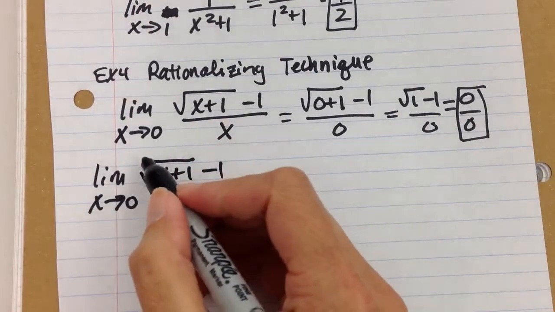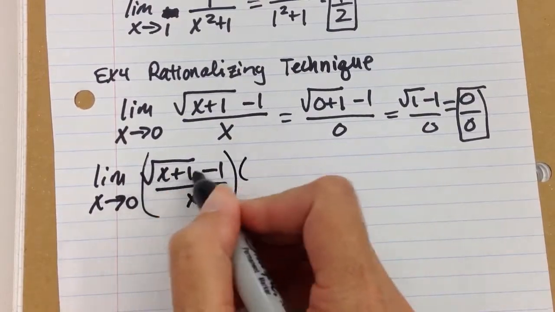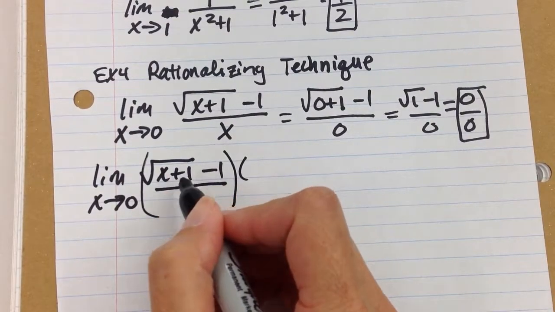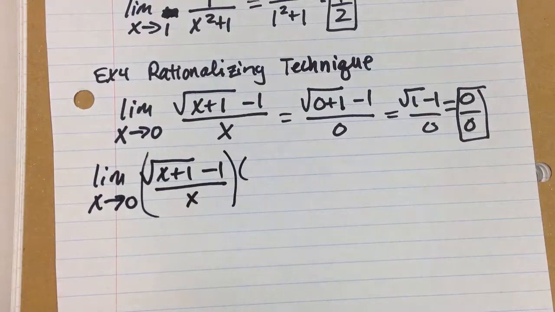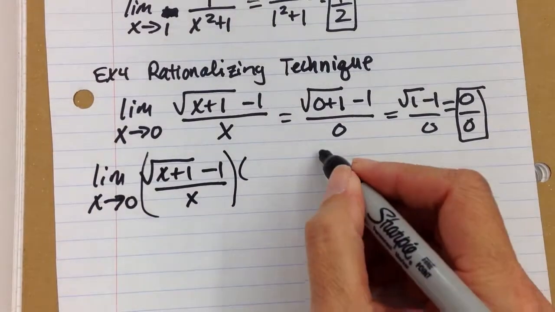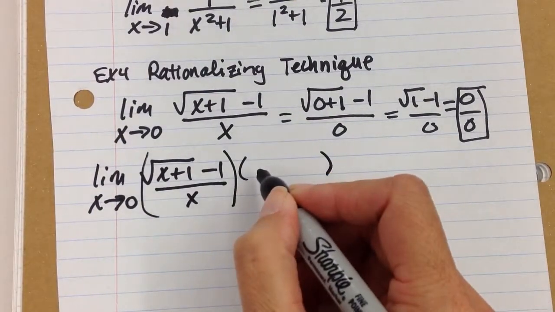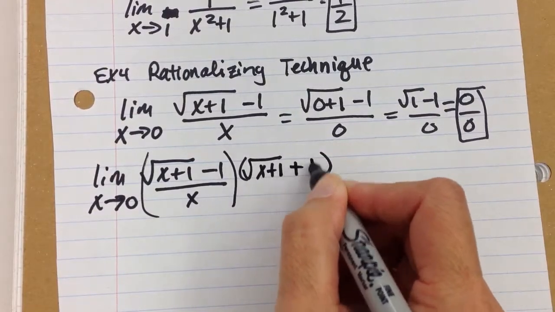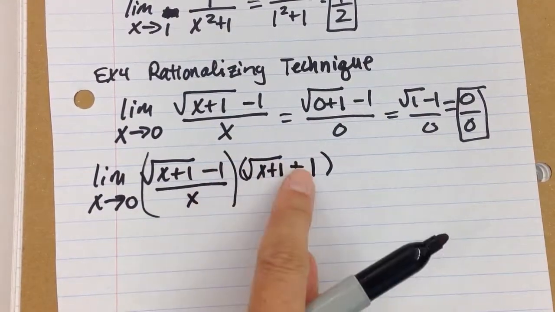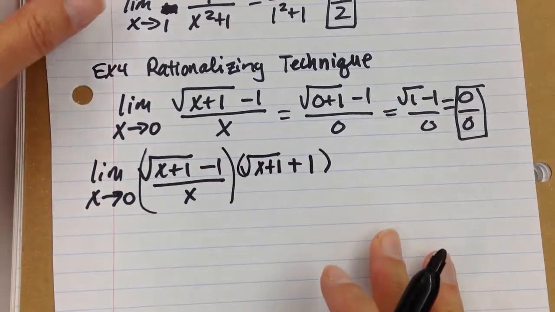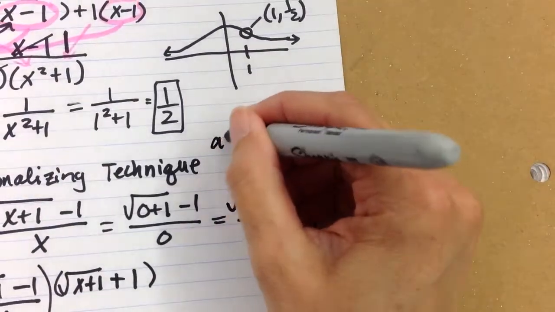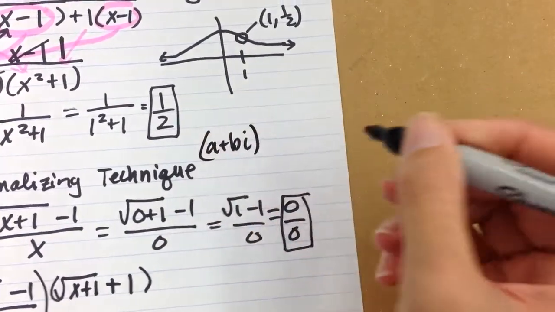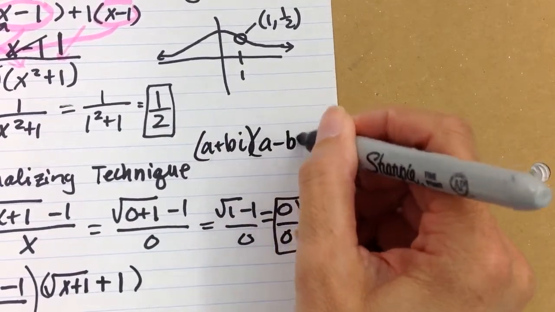What would the conjugate of square root of x plus 1 minus 1 be? It's going to be the square root of x plus 1 plus 1. Remember when we did real numbers and complex numbers, like a plus bi, and sometimes we wanted to multiply it by a minus bi?